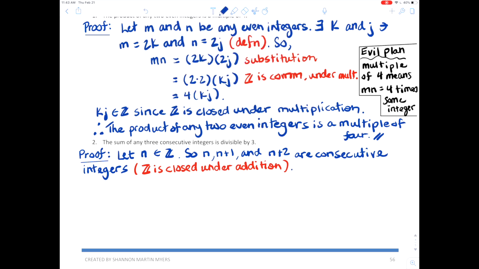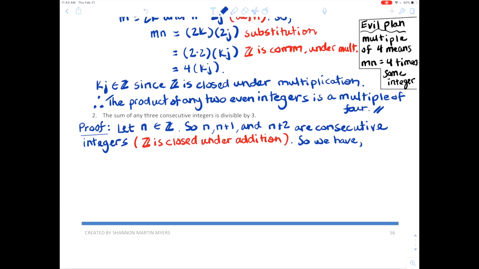Well, now what? Well, why don't we add them together? See what we get. n plus n plus 1 plus n plus 2 is what we're adding.